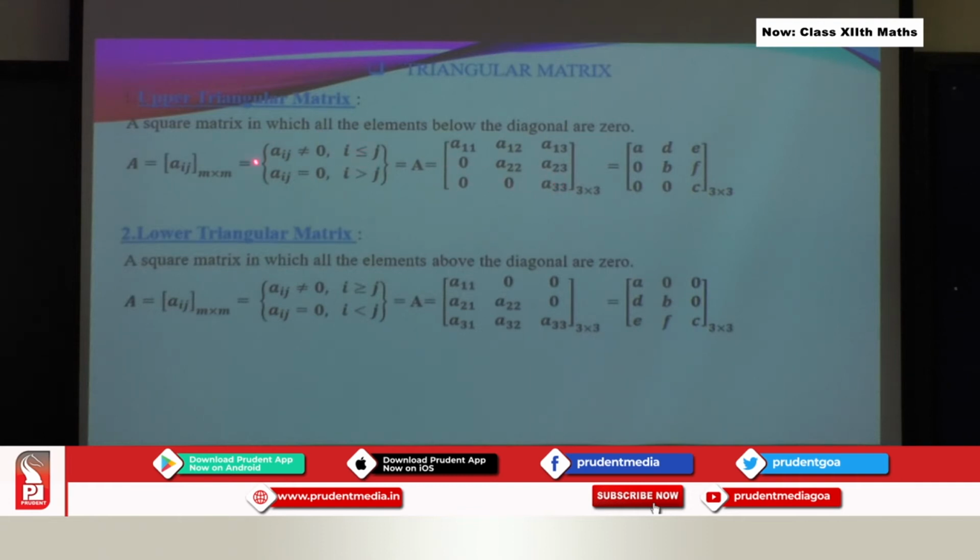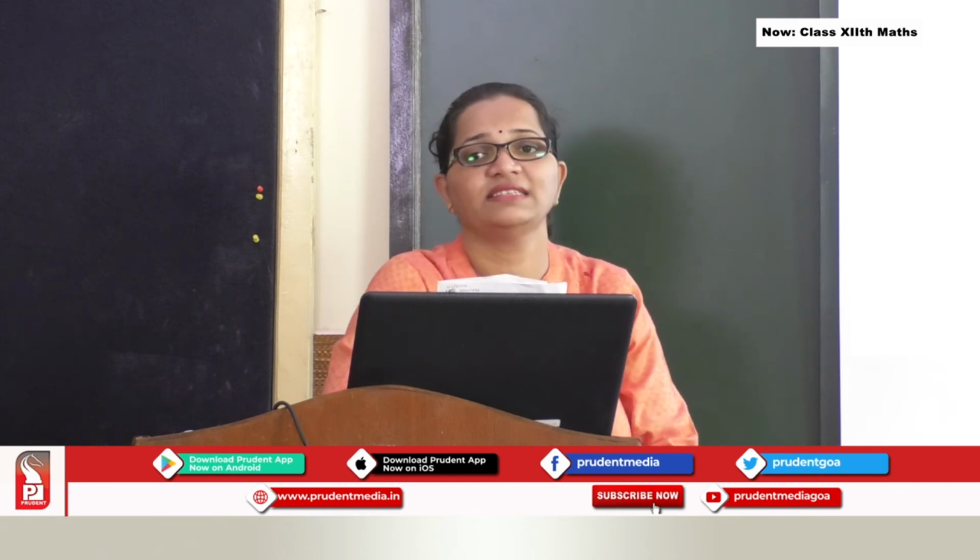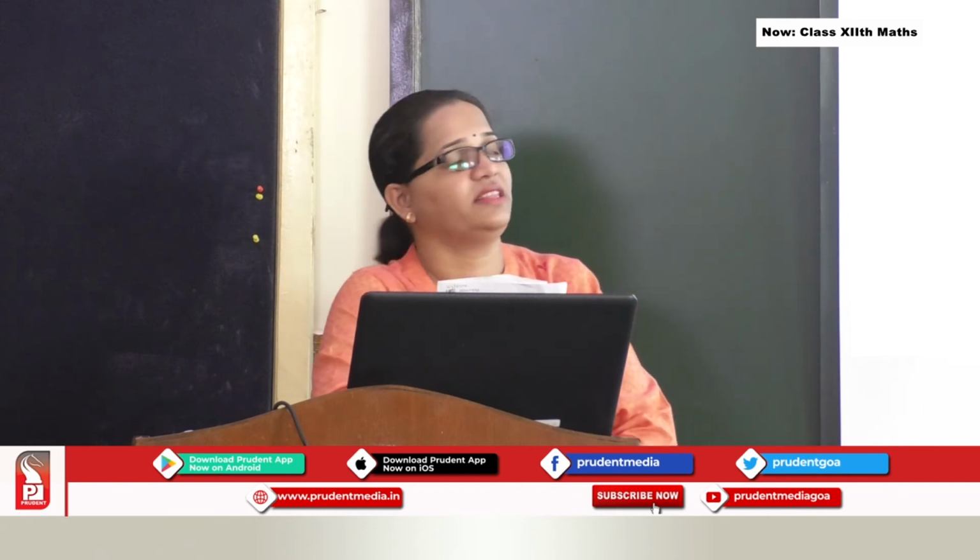You can see over here, it is written in this form, Aij is equal to 0 when i is less than or equal to j. Now here you can see i is 1, j is 2, i is 1, j is 3. So all the entries having their position which gives this condition, that is ith place is less than or equal to jth place.